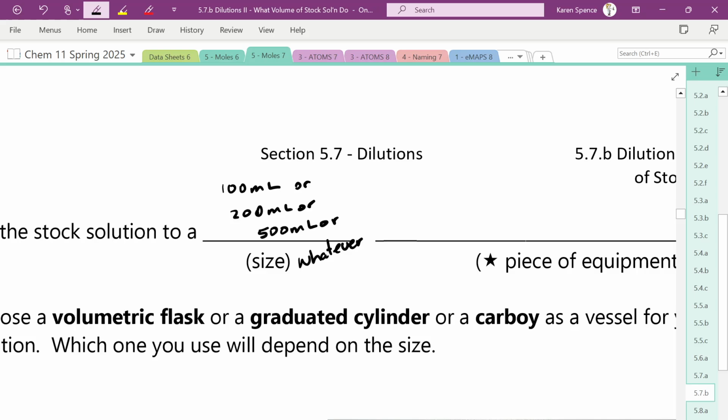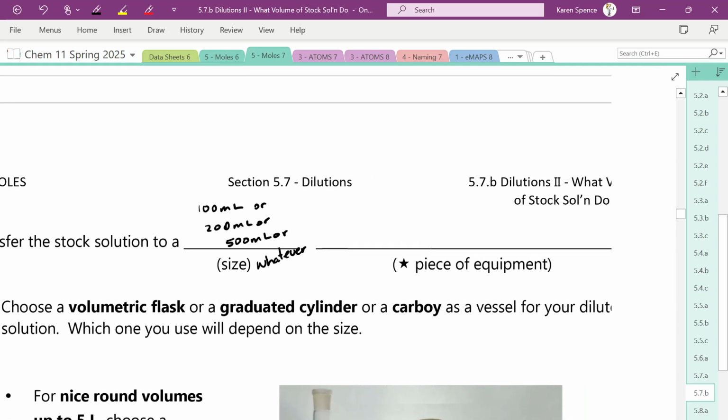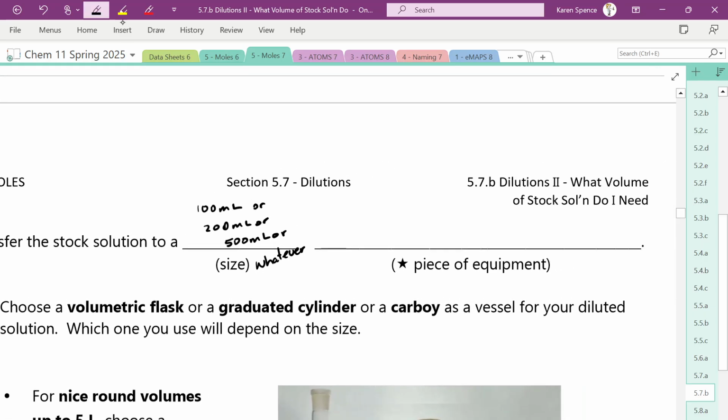If you want to make 500 milliliters of solution, choose 500 milliliters. If you want to make 1 liter of solution, choose a 1 liter vessel. Does that make sense? If you want to make 100 milliliters, choose a 100 milliliter vessel. And then you're going to pick your piece of equipment. You can use a volumetric flask or a graduated cylinder or a carboy.